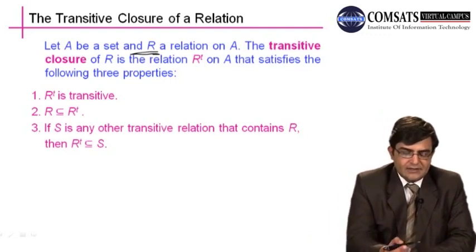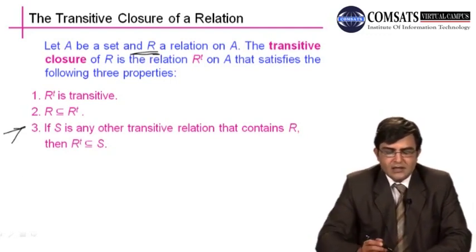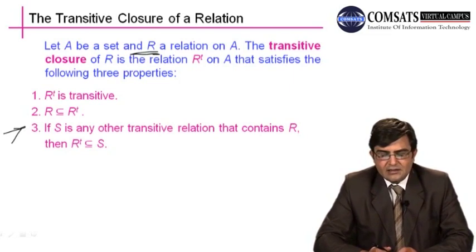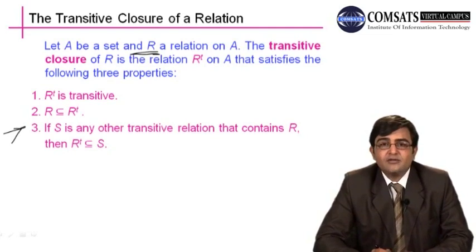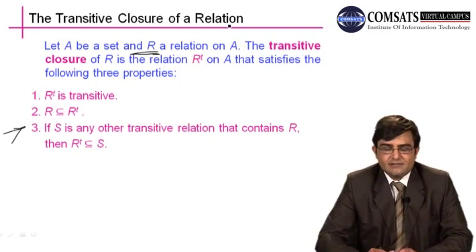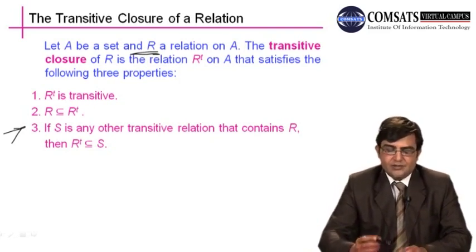And the third property tells us that the transitive relation which we made is basically the smallest possible subset of the Cartesian product A cross A which is a transitive relation. If there is some other transitive relation S, then R^T must be a subset of that transitive relation. So I hope you understand this.